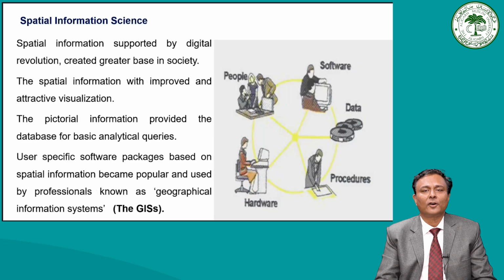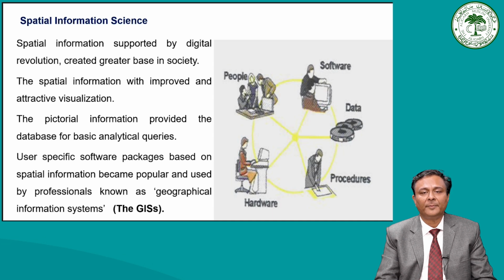So spatial information has become popular and widespread, especially since the 1980s when developments in digital technology became common. Not only common, but its access also became easy and reached the general masses. This way, spatial information handling gained momentum.